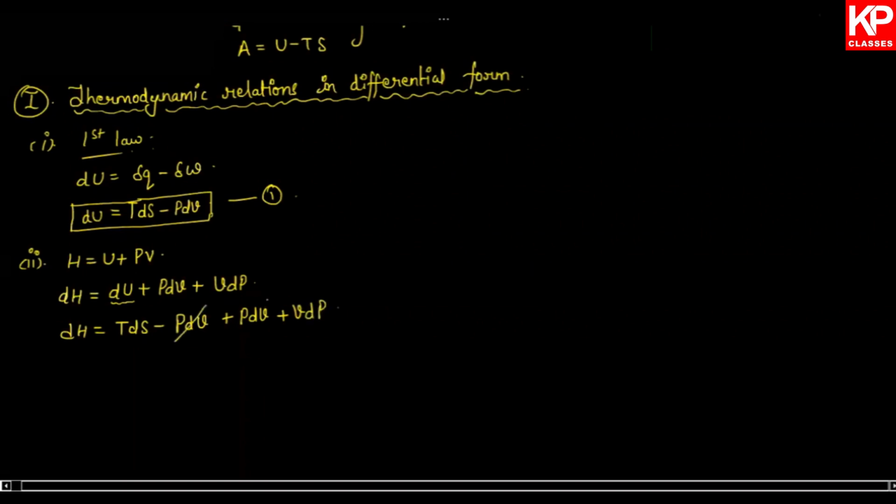So this minus PdV and plus PdV will cancel out each other, and dH is given by TdS plus VdP. This is expression number 2 in the differential format.